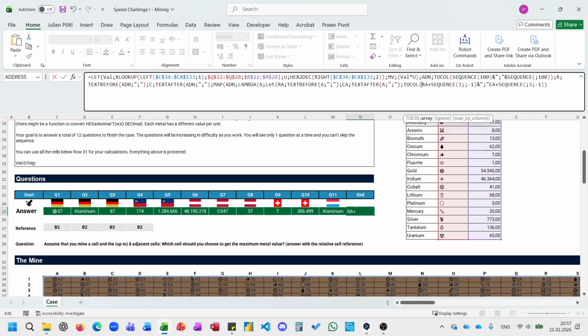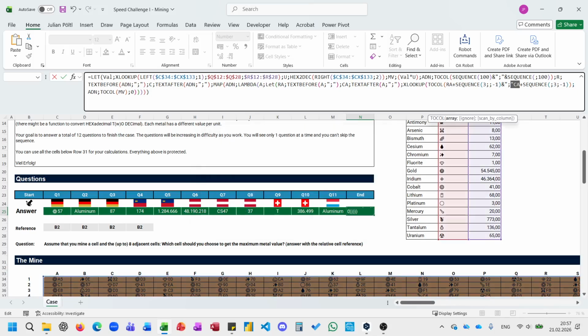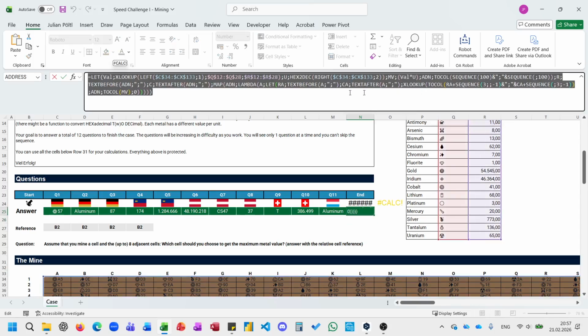So I will call this, do an XLOOKUP for this TOCOL area in ADN, returning TOCOL MV, if not found 0. And I then get a huge spill array. A huge spill calc error. Why am I getting a calc error?